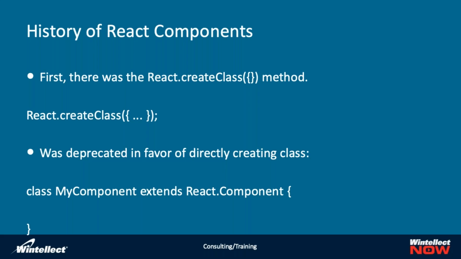This was deprecated in favor of using ES6 syntax and the class keyword, so you would use class MyComponent extends React.Component, and then React.createClass was eventually taken out of React. Although you may still see it out there in the wild with a lot of demos and older videos, React.createClass is no longer a part of React by default.